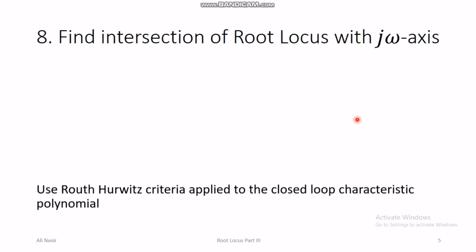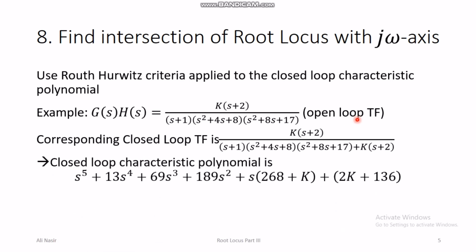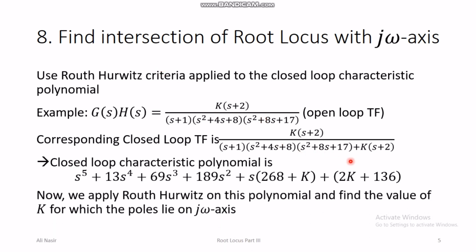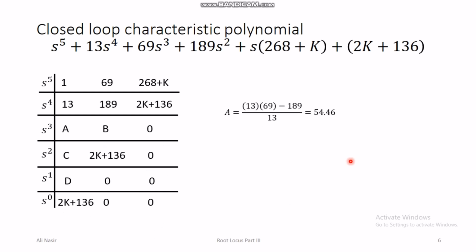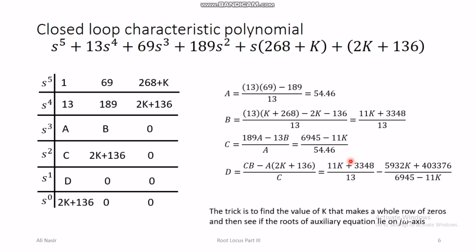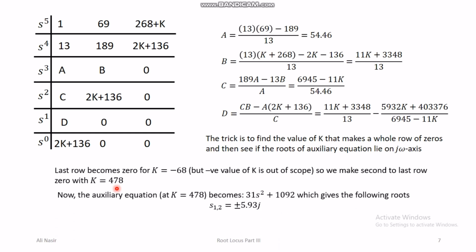And then we find the intersection of root locus with the j omega axis. We use the same example that we used in the previous rule. We looked at the closed loop polynomial and constructed the Routh-Hurwitz table, and we made one of the rows 0, but in order to make this row 0 we use the positive value of k. We form the auxiliary equation. The roots of the auxiliary equation are in fact on the j omega axis.